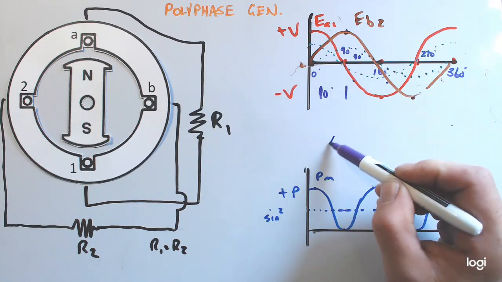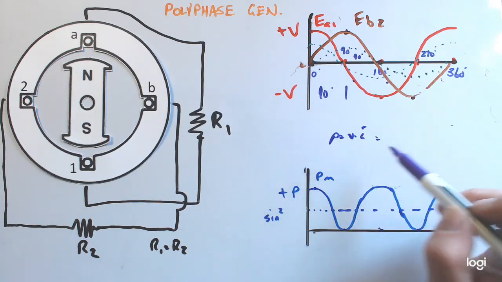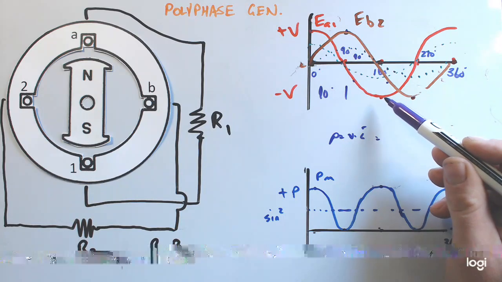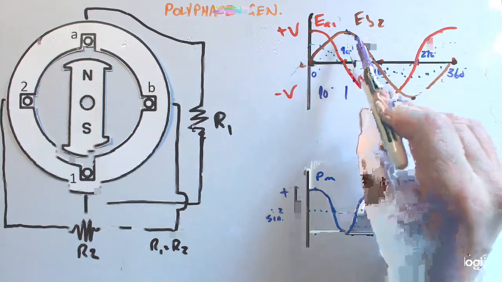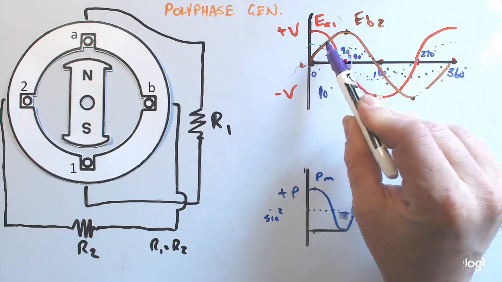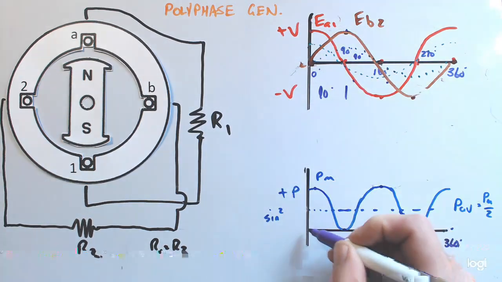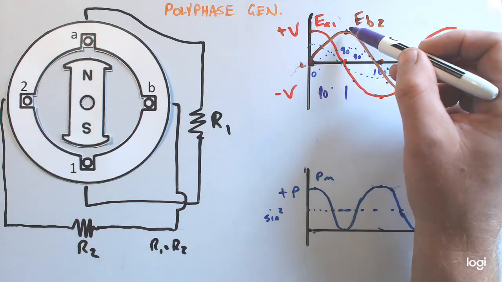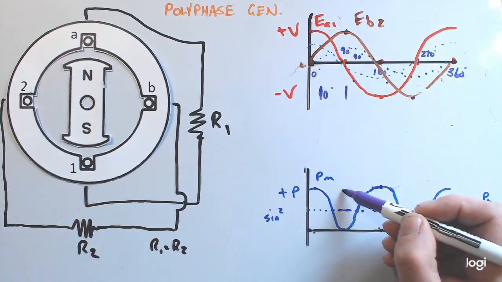Remember that power is the product of voltage and current, and so we end up with positive power when we have negative voltage peaks because the current is also negative at that time. And so now looking at the second waveform here, we can see that for EB2, when their zero crossings are happening, we're going to have zero power delivered. And when the positive voltage and the positive peaks are occurring, we're going to have our PM.